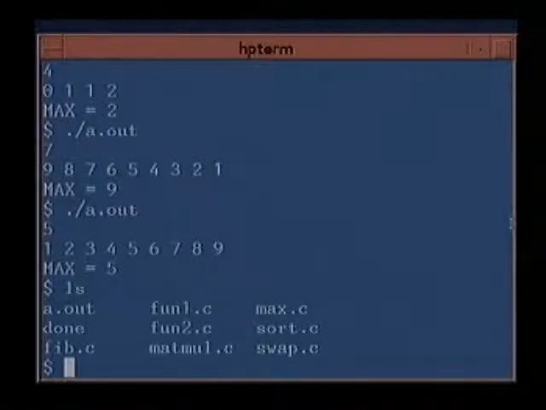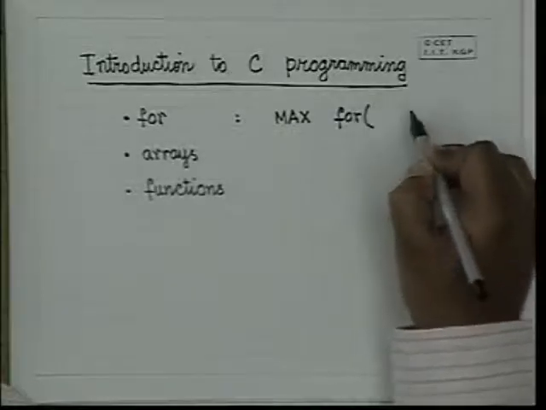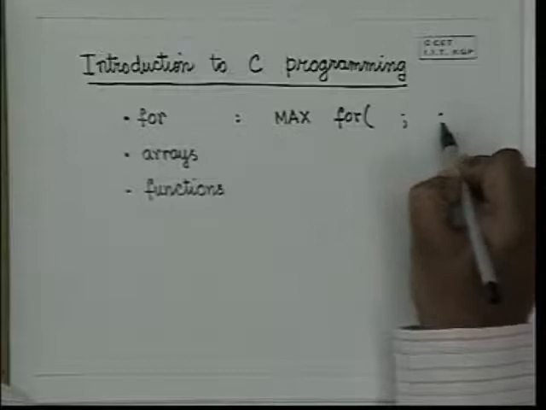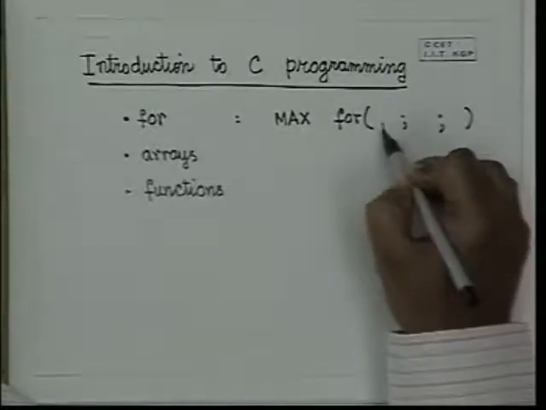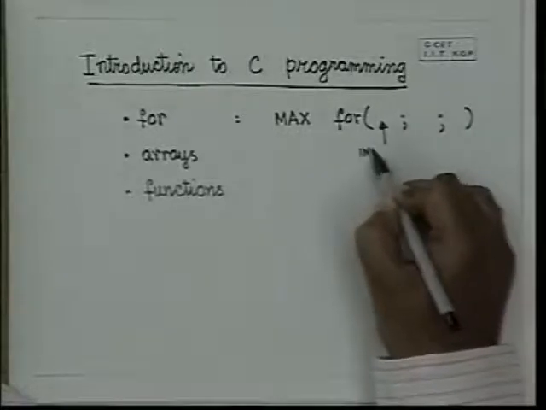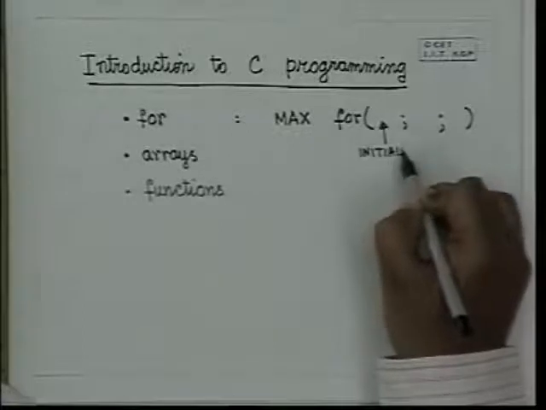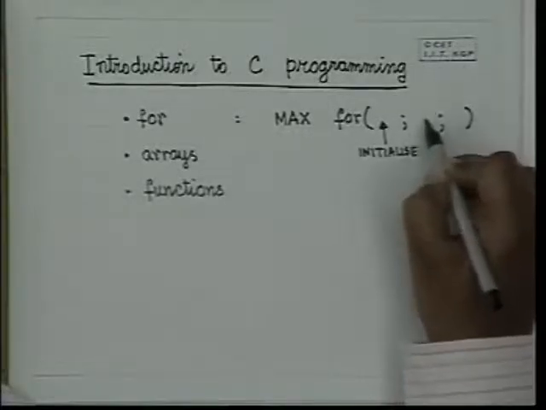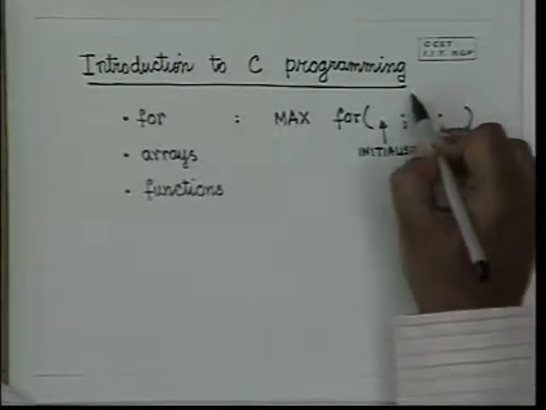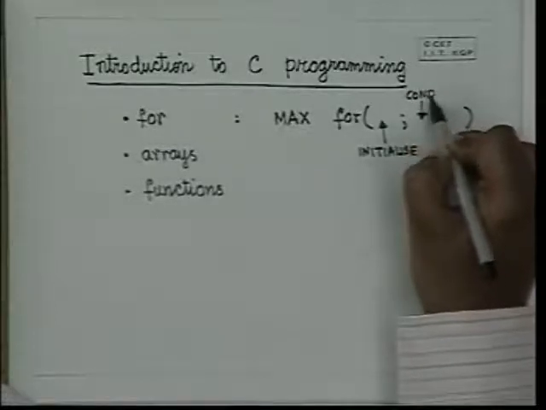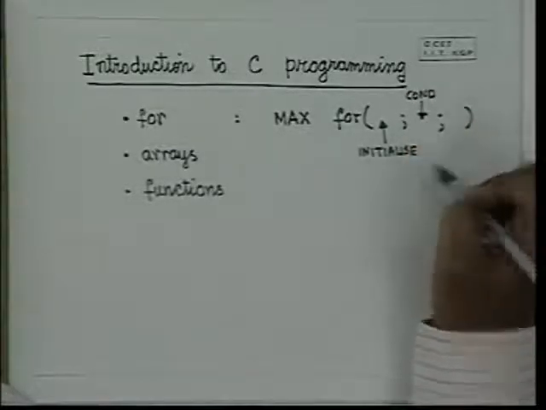So here we have seen how to use the for loop, and we have seen that the for loop consists of 3 parts separated by semicolons. This is the initialization. This is the condition. If this condition is true, only then it will go into the loop.